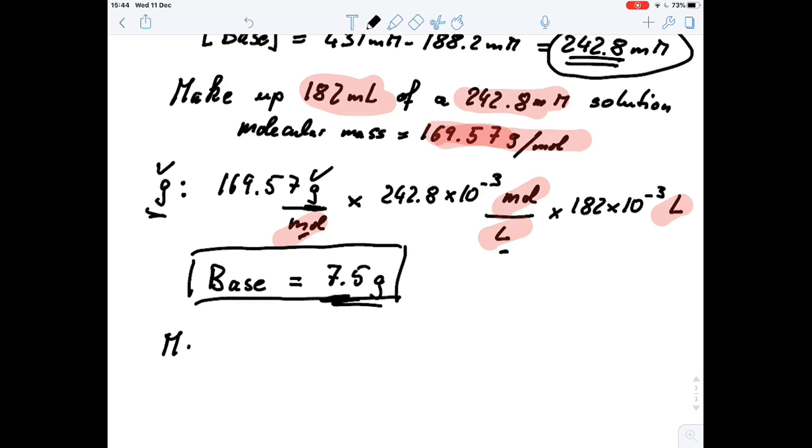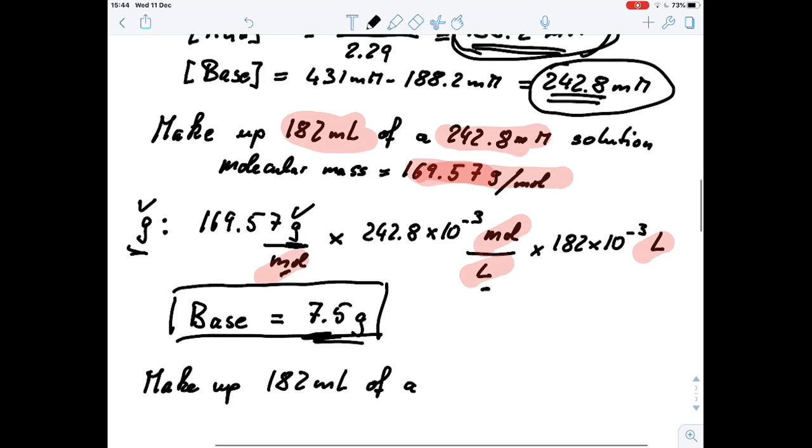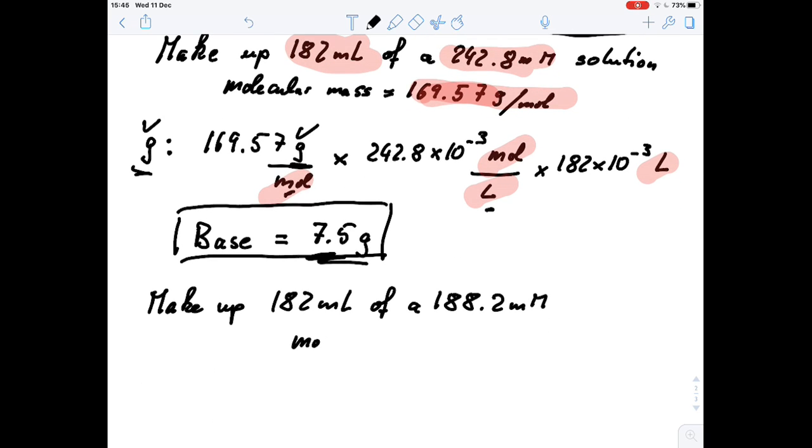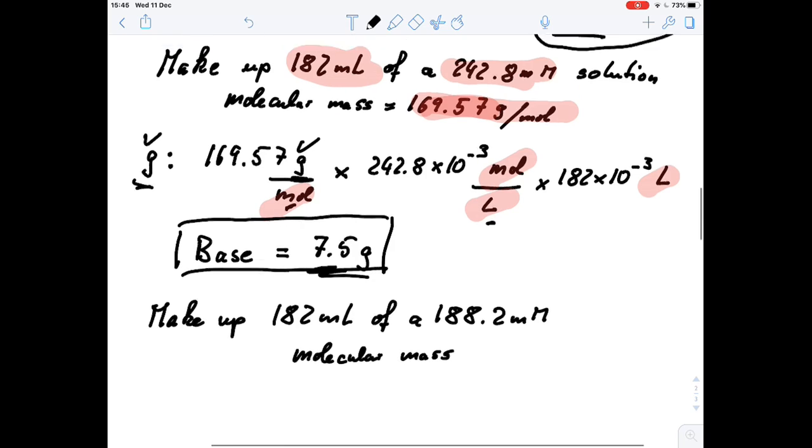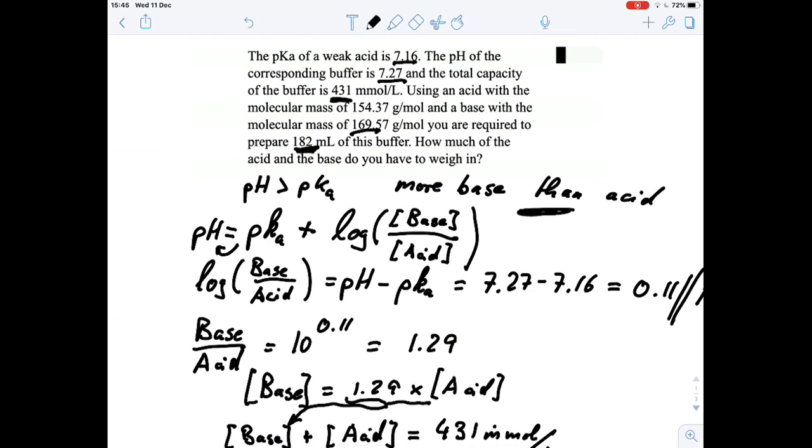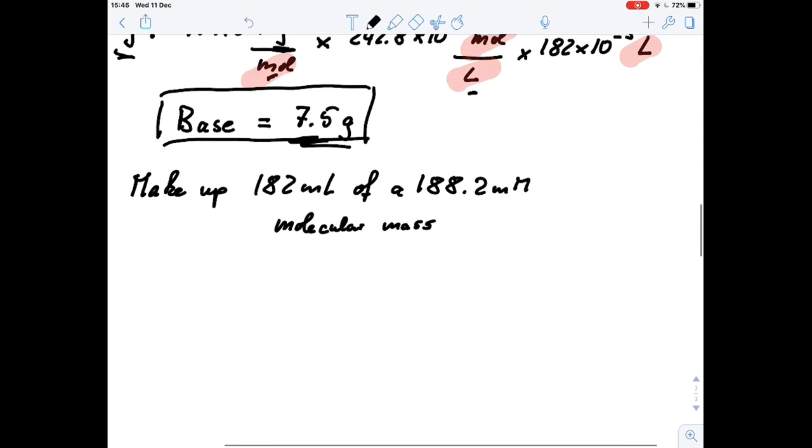And here again, the problem is make up 182 milliliter of 188.2 millimolar solution, and the molecular mass for the acid, let me just quickly check, that was 154.37 gram per mole.